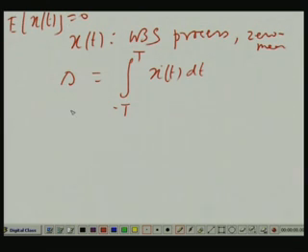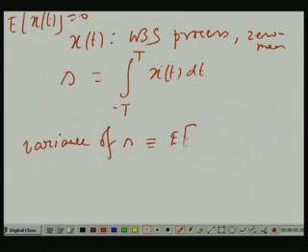So, you have to find out the variance of S, which is nothing but E of S minus its mean whole square. I am not taking any mod, because everything is real, x t is a real valued process here. Mean is 0. What is the expected value of S? What is E of S?